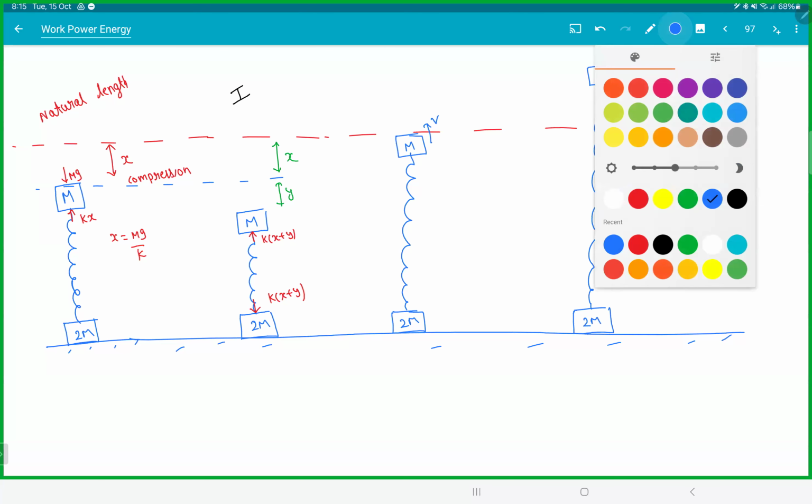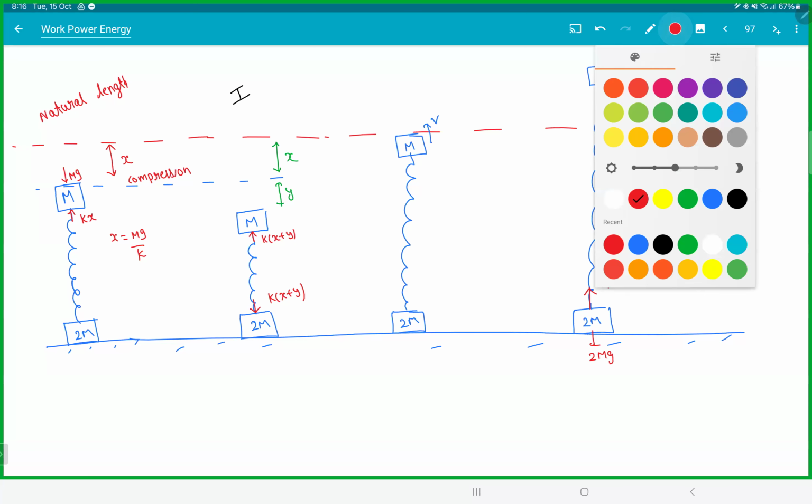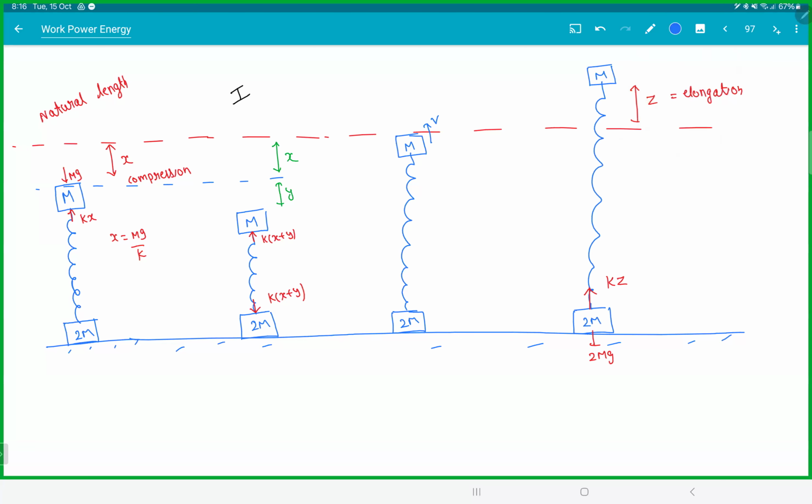Let this be some z. This is your elongation. Now this force will pull up kz, and this is 2mg. You're getting it? For the 2m block to lift off, the spring should pull. As long as the spring is compressed, the spring will push you.